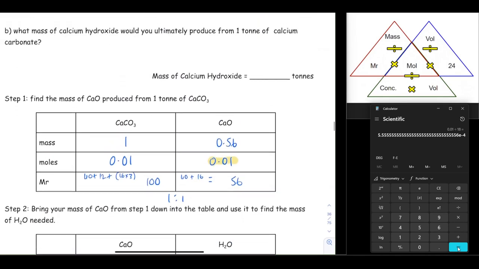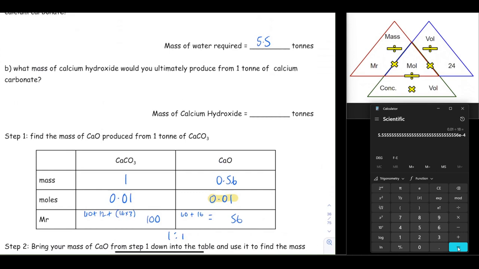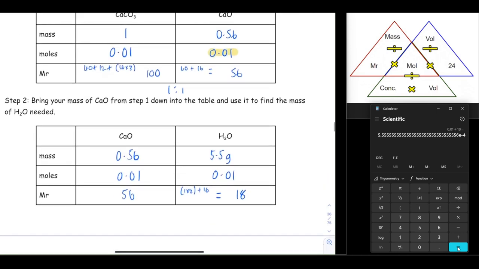But then it goes on to say, well, what mass of calcium hydroxide? For that, you can just extend your table. So we're just going to extend our table here. Don't worry if it's not completely neat. Who cares? So now we need to find our moles of calcium hydroxide.